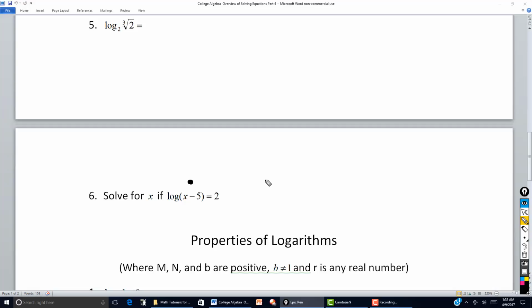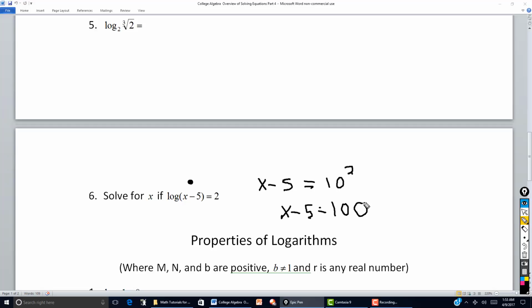By the definition, in this case, it's not an x. The expression here is x minus 5. So x minus 5 should equal whatever the base is, which in this case is understood to be 10, taken to whatever this number is. That's the logarithm, the exponent. So this would be 2. So x minus 5 has to equal 10 squared, which is 100.